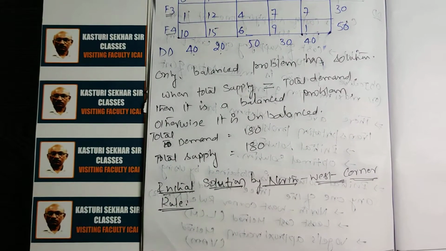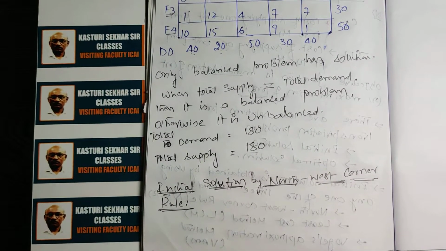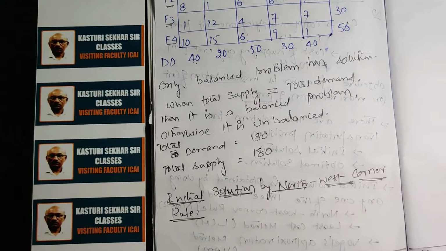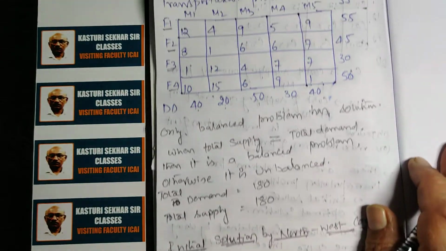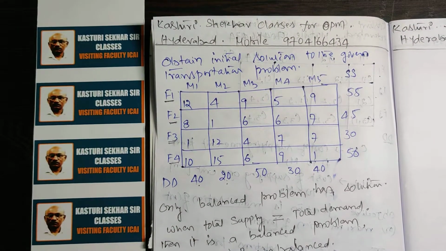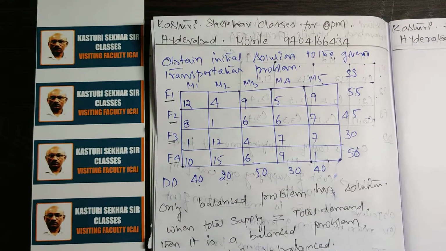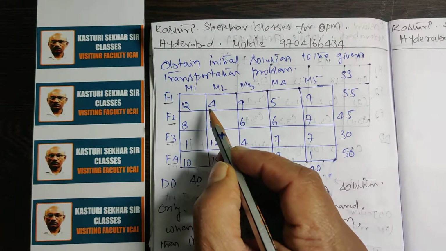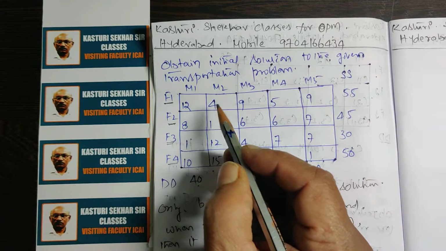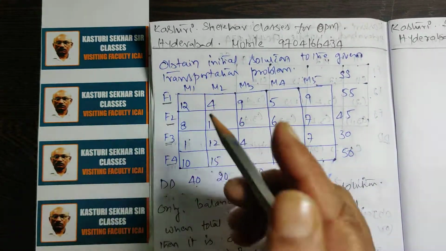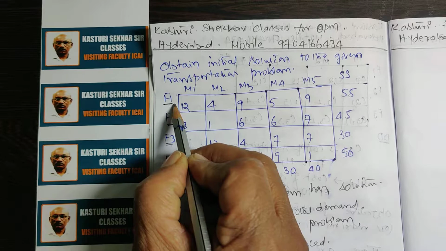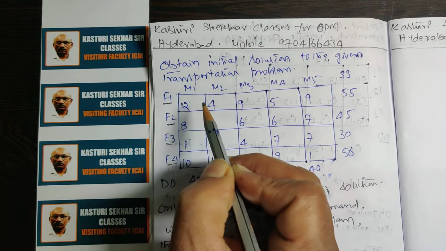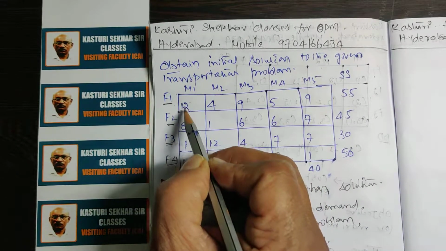So let's prepare the solution to the given question by the northwest corner rule. Now see the question. For this rule, consider the left hand side corner cell, the topmost, top side, this one.